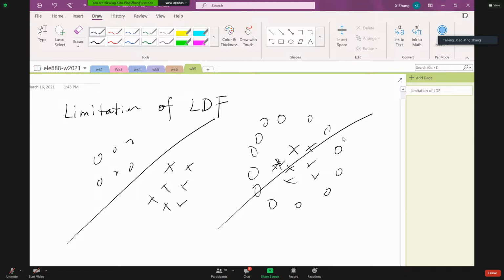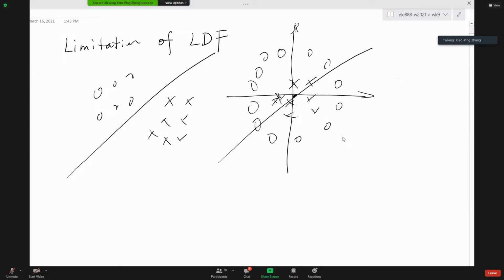So one example is that the coordinate system is also important, right? Assuming you transform it using a coordinate system with the origin at the middle, if you convert this into polar coordinates, you can discriminate using r, basically the distance to the origin.